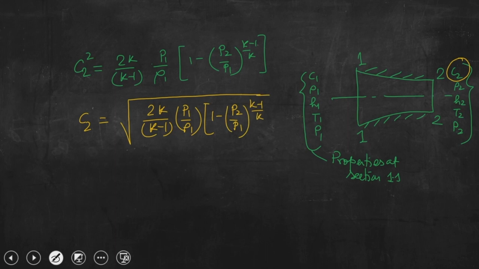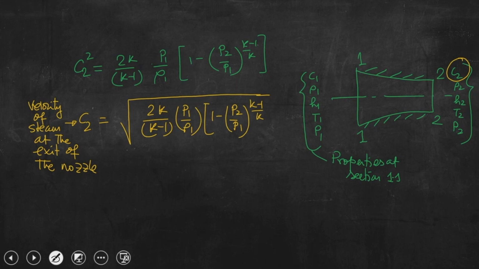So, this is the velocity of steam at the exit of the nozzle, C2.